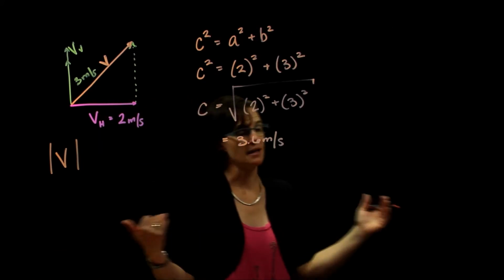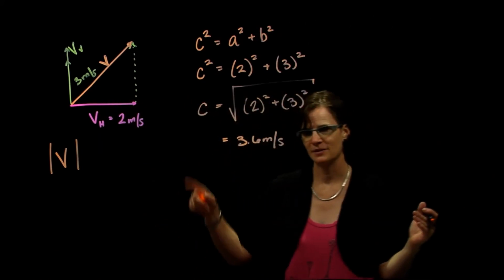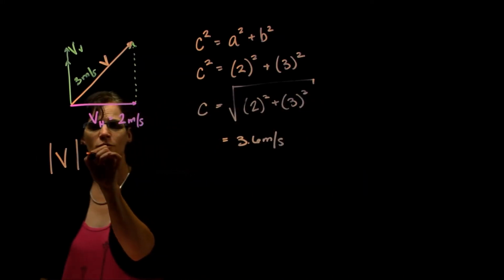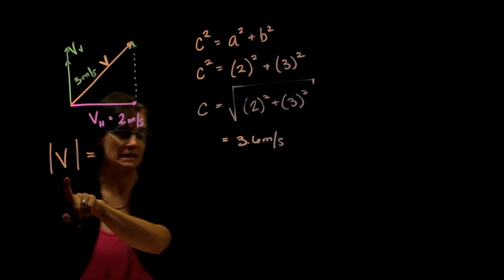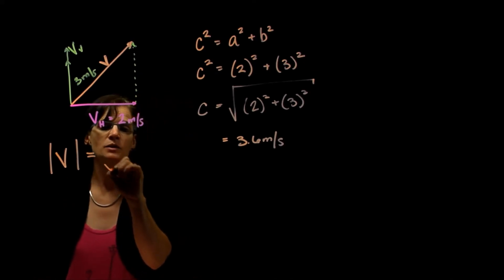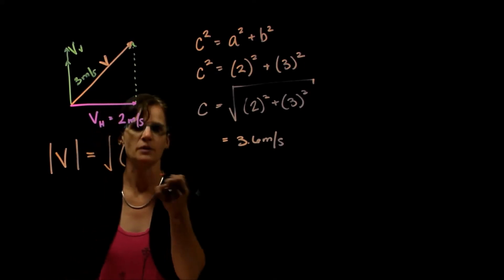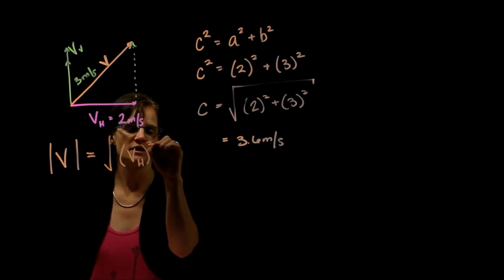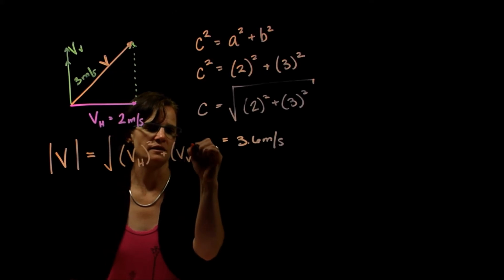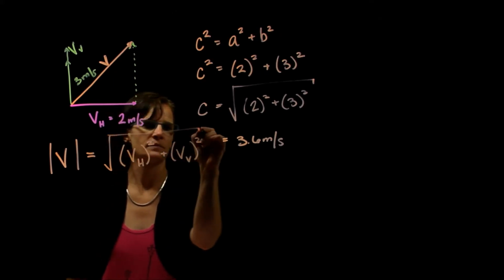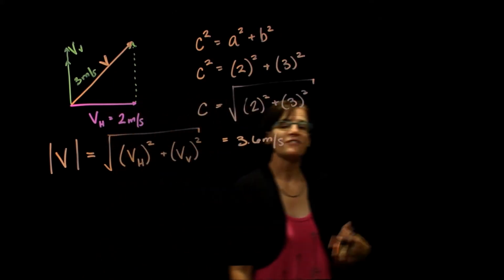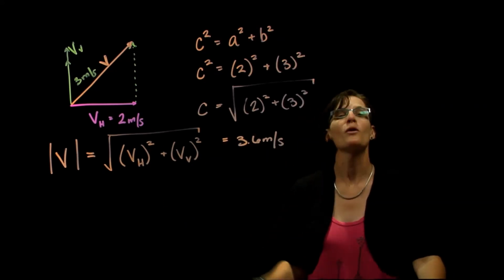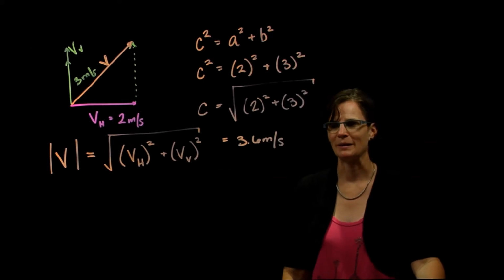This is only going to get me that size, not the direction. Those absolute value bars represent magnitude. The magnitude of our velocity, or any physical quantity of a vector nature, is equal to the square root of the sum of its components squared. So in this case, our horizontal velocity squared plus our vertical velocity squared. Representing the physical quantities in the Pythagorean theorem will help us reinforce that it's the physical quantities we're determining.